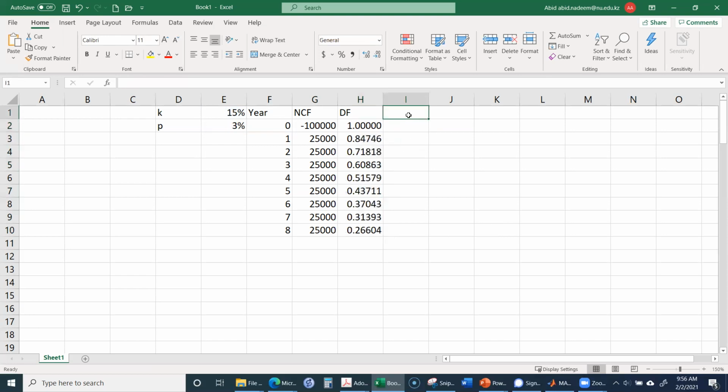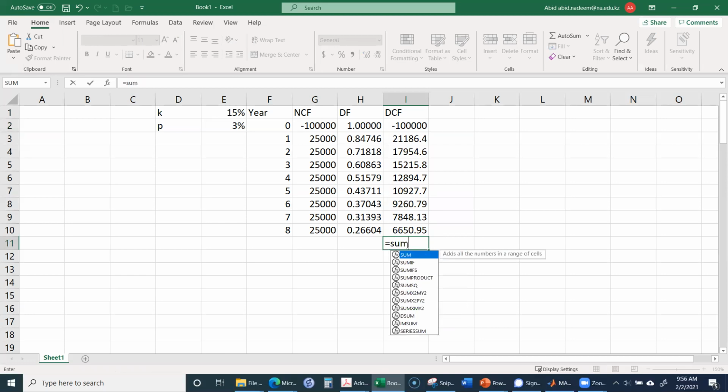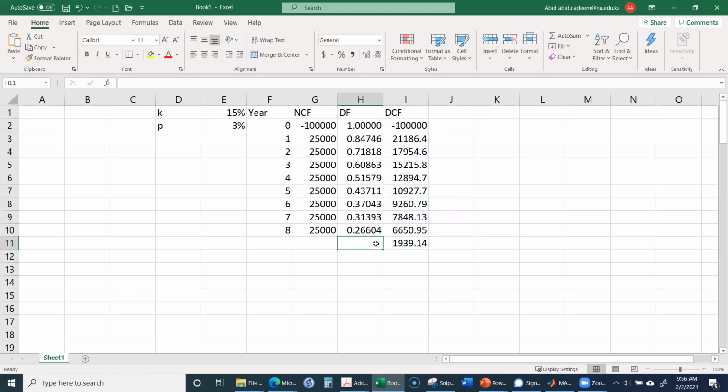Now the discounted cash flows are equal to the net cash flow multiplied by the discount factor. So it will be minus $100,000, and the sum of the net cash flows is over here. So this is the net present value.